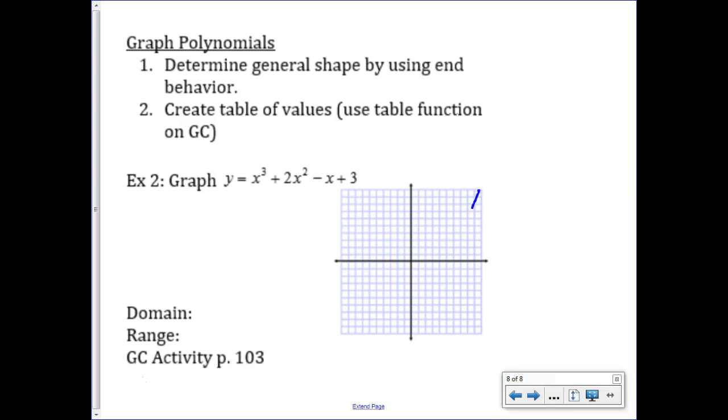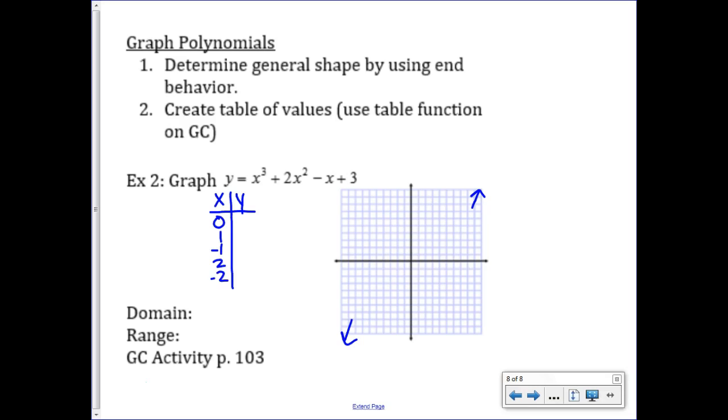So that means over here it's going to be headed to infinity. Over here it's going to be headed to negative infinity. So I would encourage you to type that into Y1 in your graphing calculator and then go into table and find some values. So I have 0, 1, negative 1, 2, negative 2.